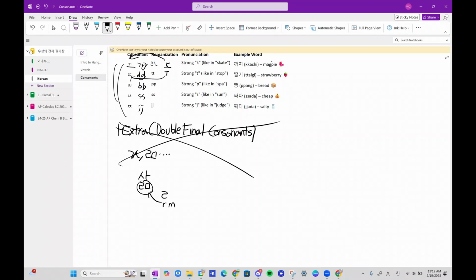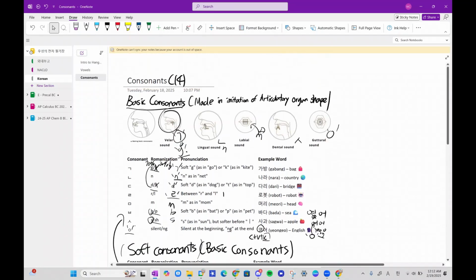This is R and this is M, and you make it like so. If you say it fast, it kind of makes it like M. But you don't have to worry about that because this is rarely used, and it's mostly used for grammatical reasons, because it's kind of weird to write it. It's pronounced this way, but it's just written like this to make it fancier. So you don't have to worry about these, and these are pretty much it.